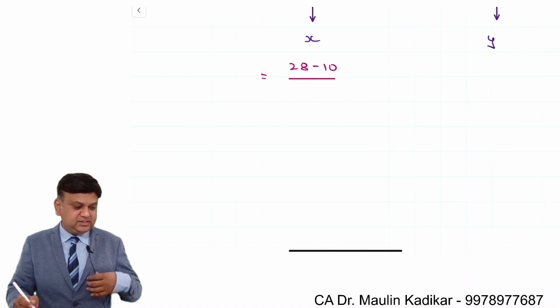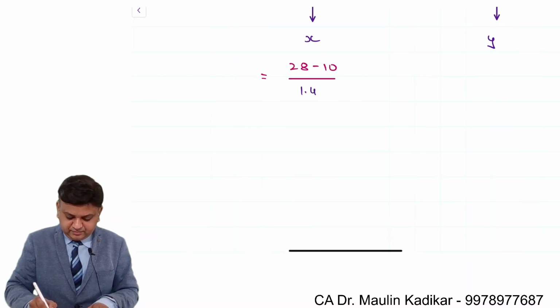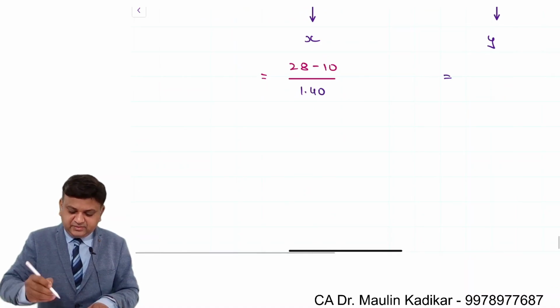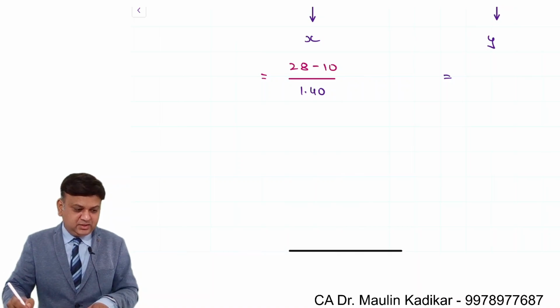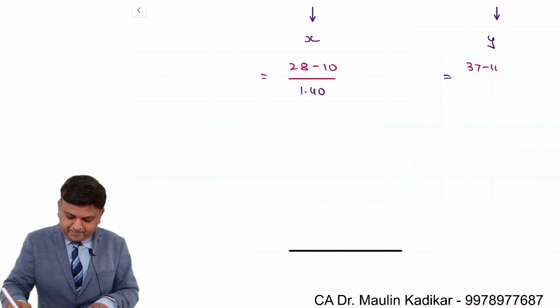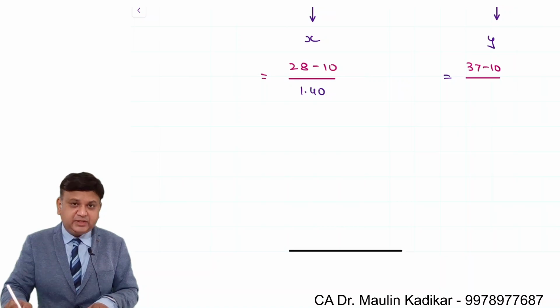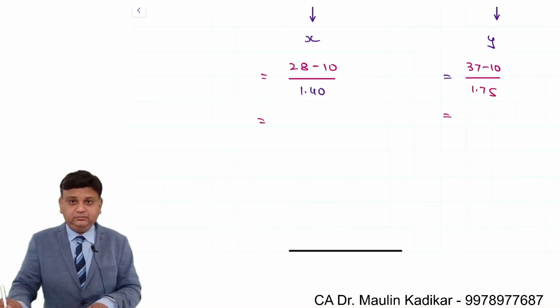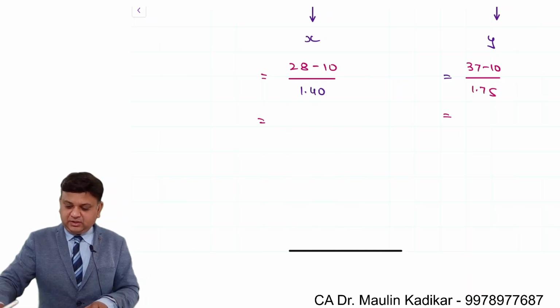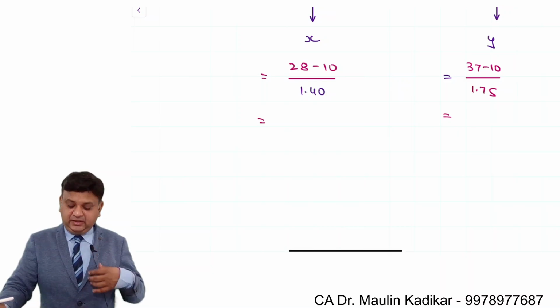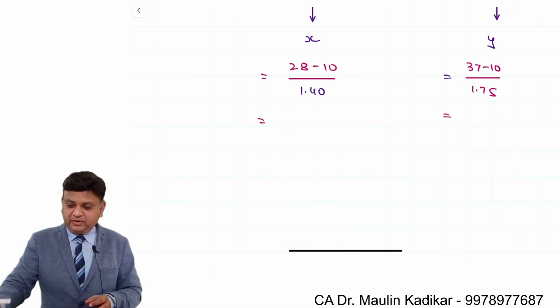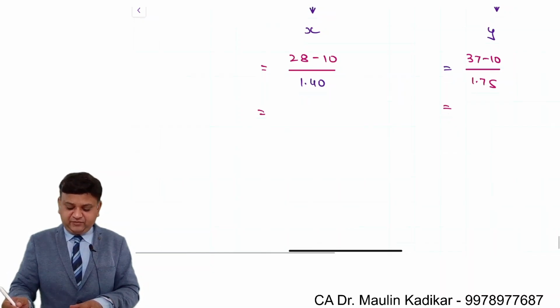For security X, the beta is 1.4. Similarly for Y, we will do the answer. It is 37 minus 10 divided by beta. What is beta? 1.75. Okay. Use your calculator. 28 minus 10, that is 18 divided by 1.4. So 12.8571.